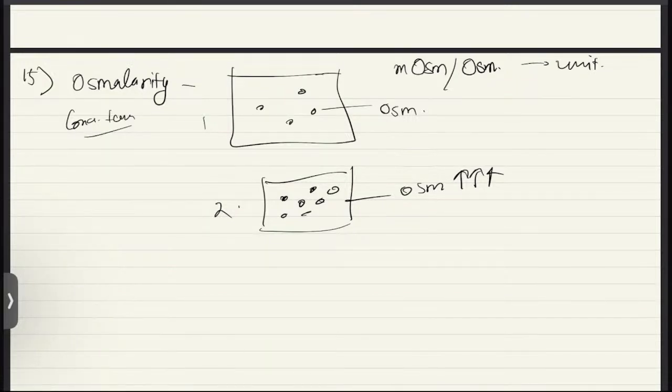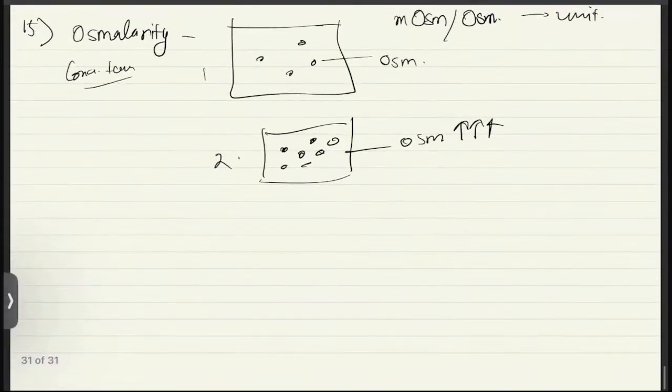It will tell you how much osmotic pressure a particular solution is going to exert over a pure water body. When you have a solution in which a solute is dissolved in the solvent, and separate it from pure solvent, this solution will exert a pressure on the pure solvent. I'll show you in a diagrammatic form.